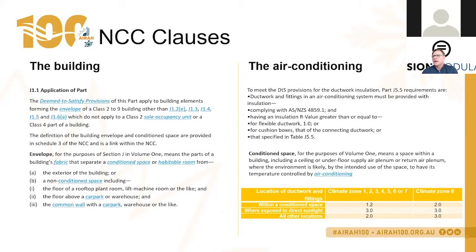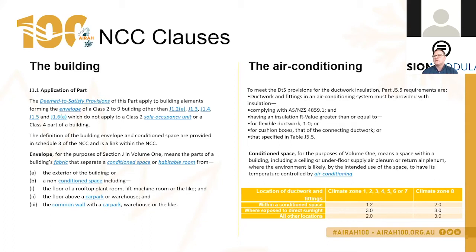And the cushion head box, if connected to the flexible ductwork, will be R1 as well. The defining factor there is the fact that it's connected to the flexible duct. If that cushion head box is connected to some hard duct, then it must be the same insulative value as the hard duct to which it connects.